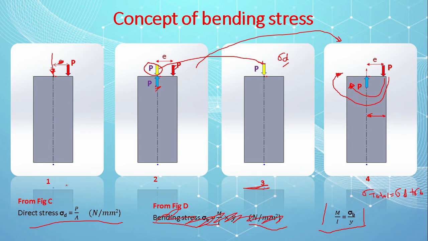In this case only sigma d gets produced. So this is important, keep in mind: if there is an eccentricity e, then there will be two stresses, direct stress and bending stress. If the eccentricity is 0, then only sigma d will get produced, and the total stress in the member can be calculated by the algebraic sum of sigma d and sigma b, direct stress and bending stress.